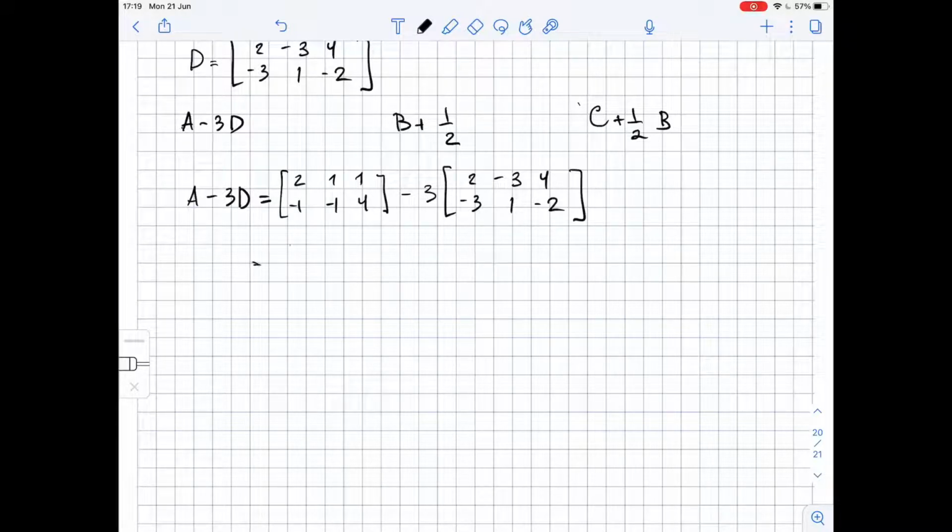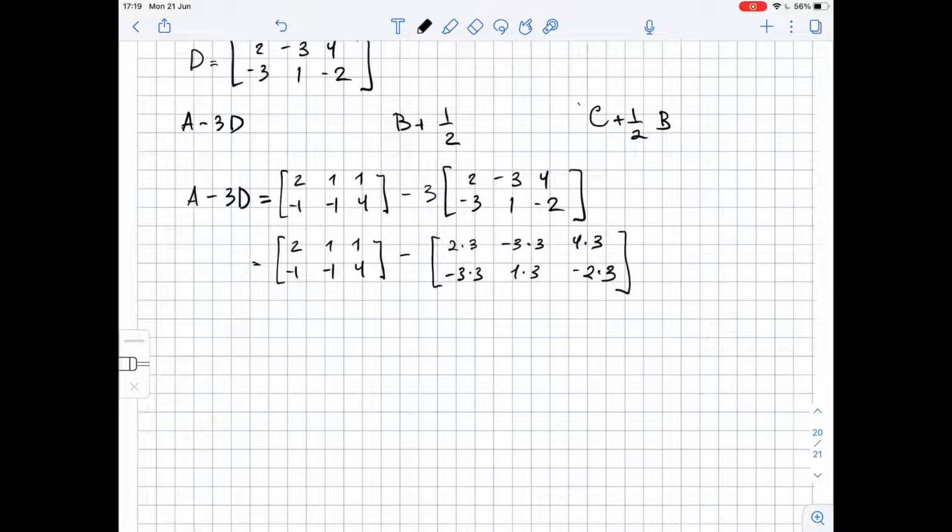So basically this equals matrix A, which stays the same, just copy paste it, minus, and here we have 2 times 3, negative 3 times 3, 4 times 3, negative 3 times 3, 1 times 3, negative 2 times 3. So we have multiplied each entry by 3.